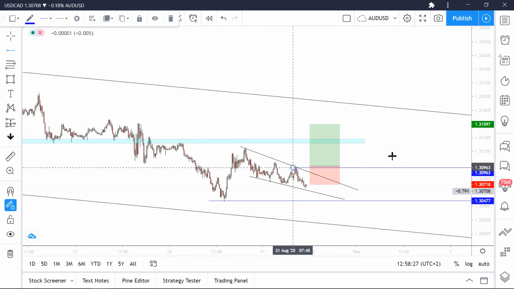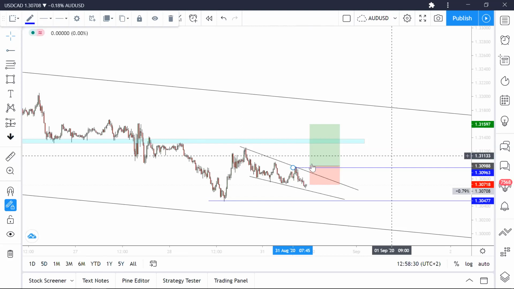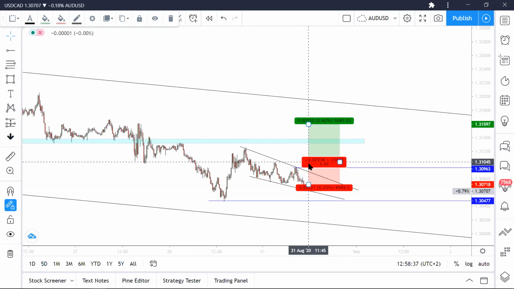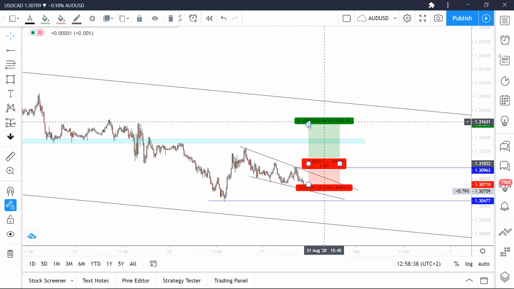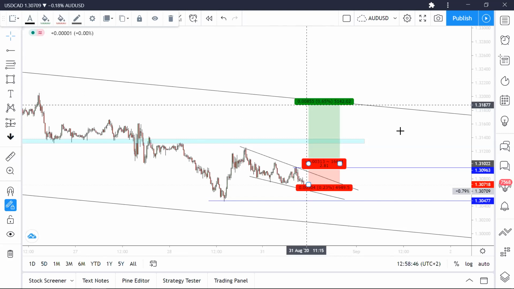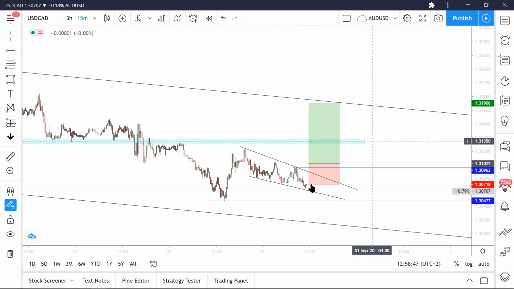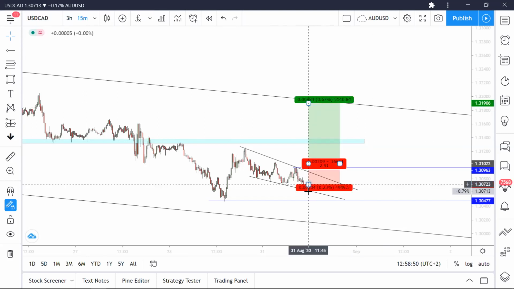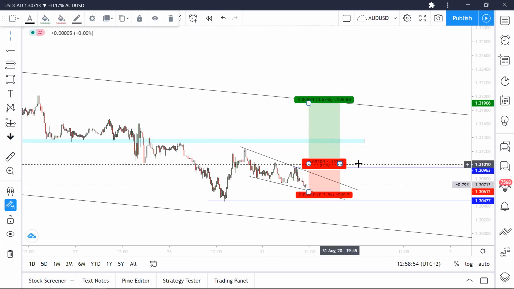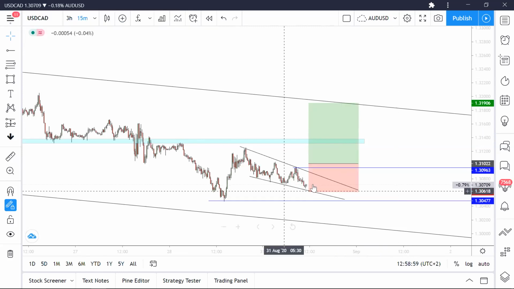A much safer way to enter this trade would be to enter long at the break of that 15-minute resistance over there. Then you can have your first TP right here. Then your second TP could be somewhere at the top of that parallel descending channel, right? So your stop loss would then be below this low here.